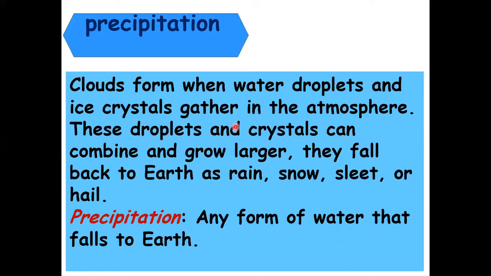These droplets and crystals can combine and grow larger, and they fall back to Earth as rain, snow, sleet, or hail. What is the meaning of precipitation? Any form of water that falls to Earth.